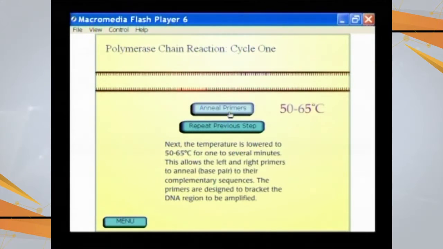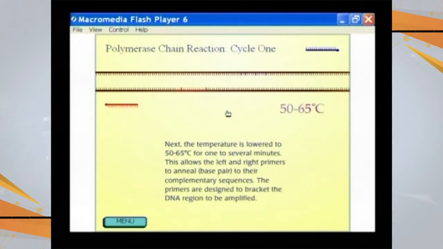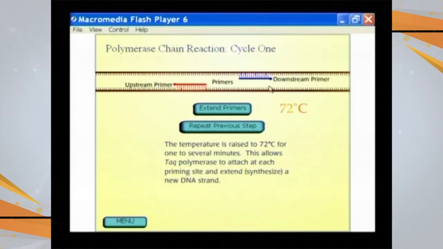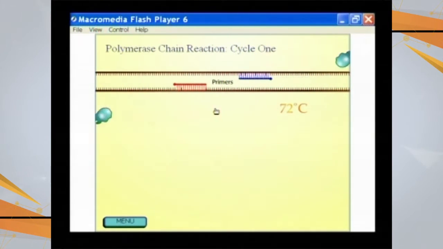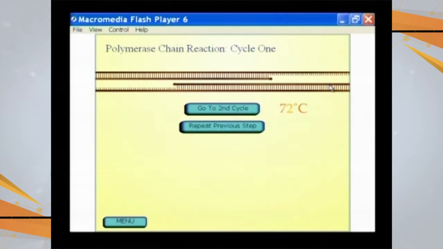This denaturation separates the 2 strands from each other. Then we have the annealing of primers. These are the downstream primers and upstream primers. Then we extend the primers. This is the Taq polymerase which extends the primer.